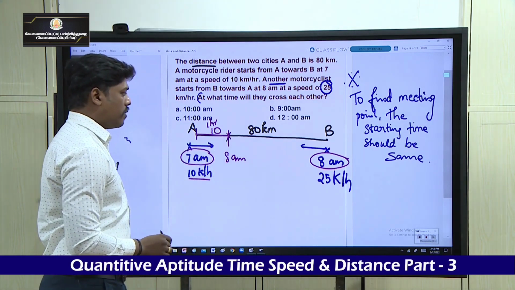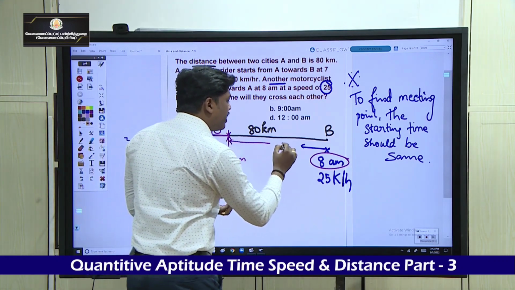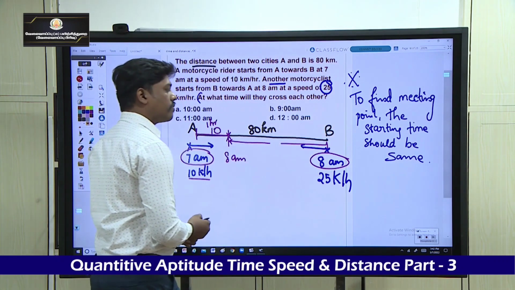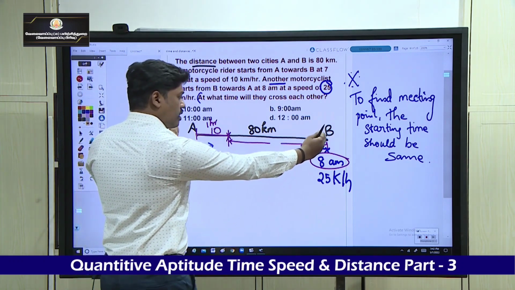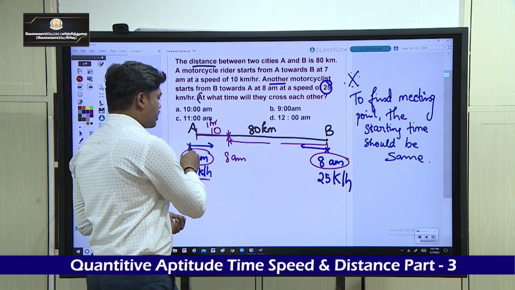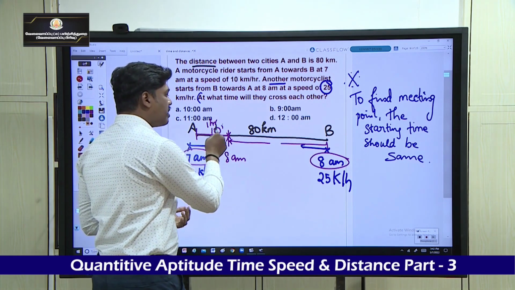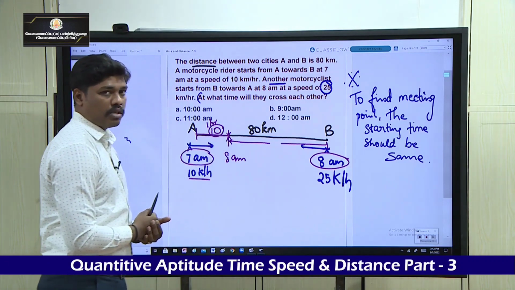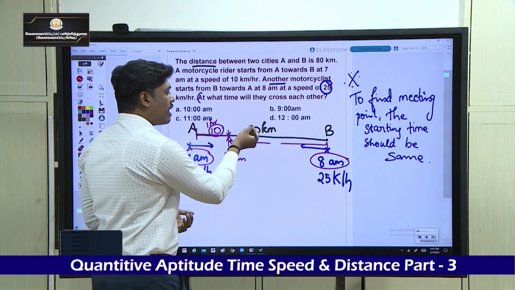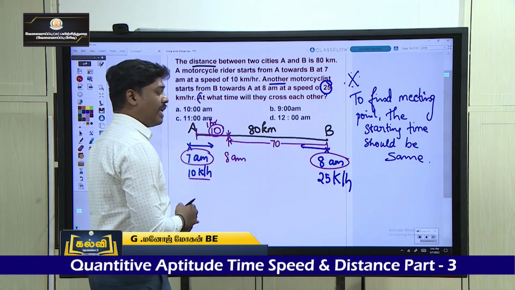So, at this point what could be the distance between them? Total distance from A to B is 80. One person starts from here at 7 am. At 8 am he covers 10 kilometer. So, the remaining distance is 80 minus 10, which is 70 kilometer.